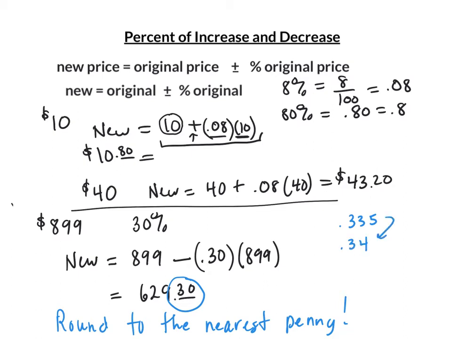If you get a decimal like 0.621, you're going to turn that into 0.62 when you round. We're always looking for pennies. That's 34 cents. That's 62 cents. If it's 5 or bigger, we go up. If it's 4 or less, then we keep it the same.